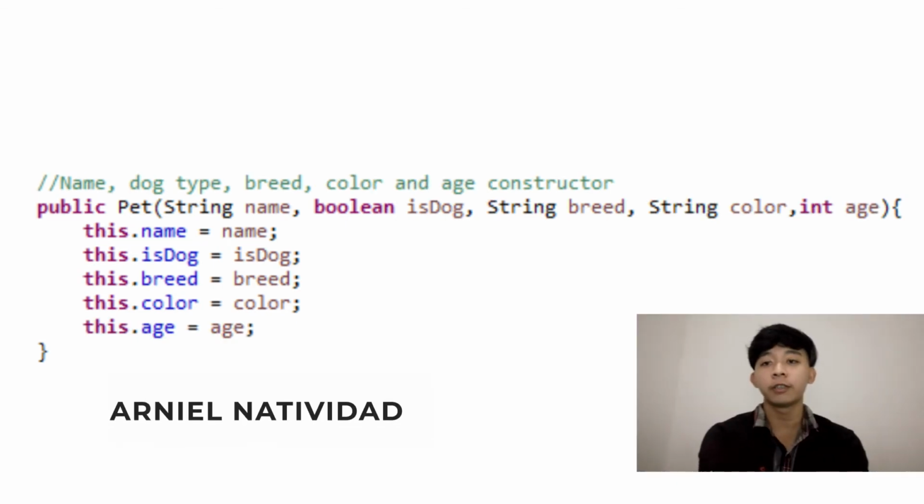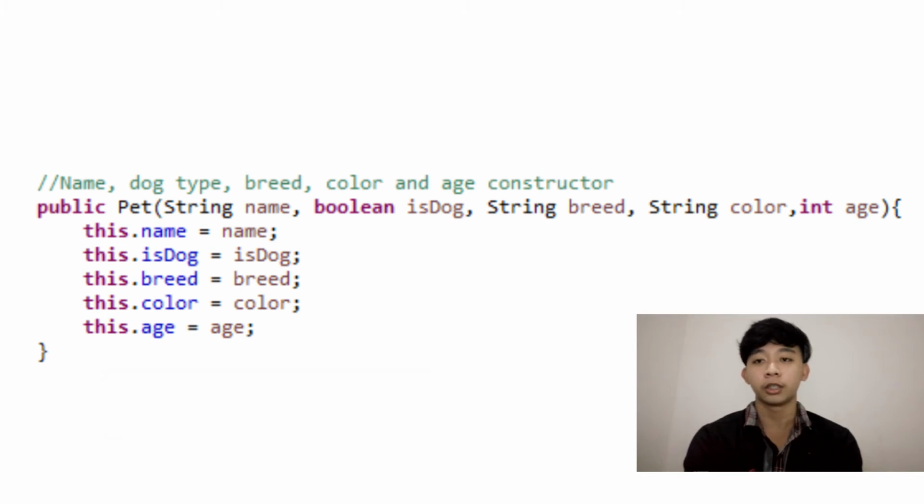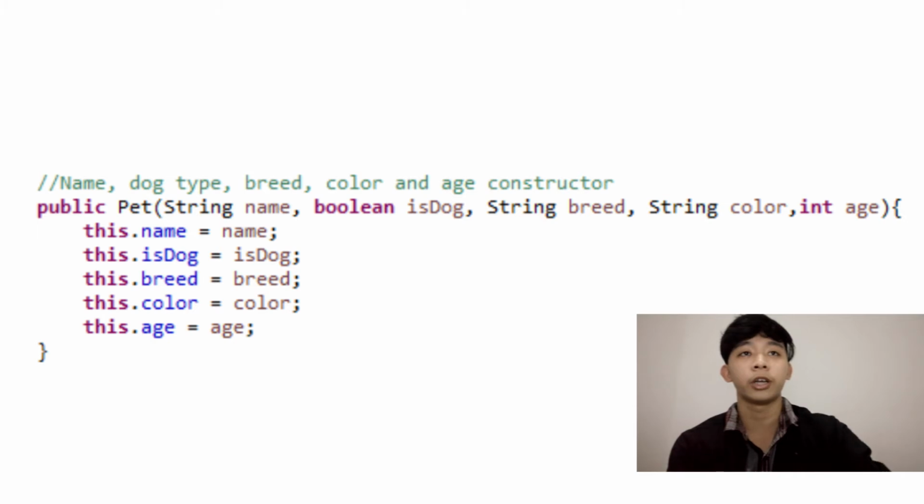Hello, I'm Reniel Natividad, and I'm going to discuss the fourth constructor named Pet. It is a parameterized constructor which accepts values for name, pet type, breed, color, and age. The data type for name is String, boolean for isDog, String for breed, String for color, and int for age.